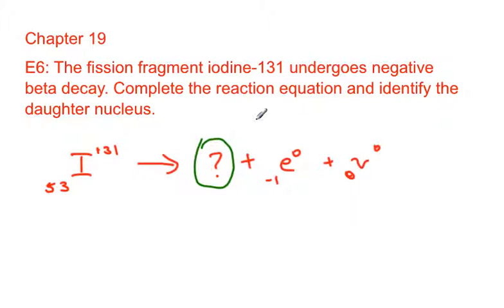On these problems, what you've got to do is say, okay, I started with so many protons and neutrons. That's what that number represents. And then I have so many protons down here. That's what that number represents. So we're going to make sure the tops on the left are equal to the tops on the right, and the bottoms on the left are equal to the bottoms on the right.